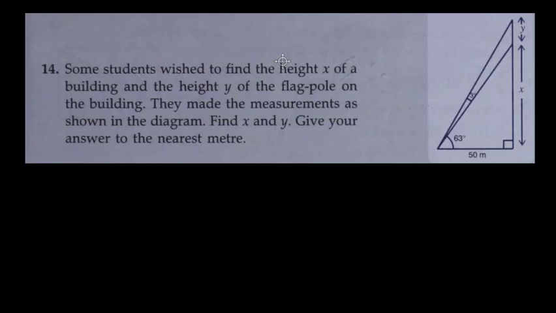From the diagram we can see that if we apply tan of 63 degree, this tan of 63 degree will be x divided by 50. Therefore, for tan 63 degree I will see the table.